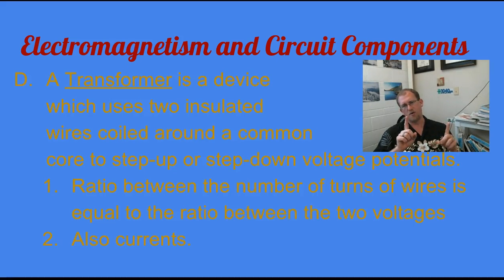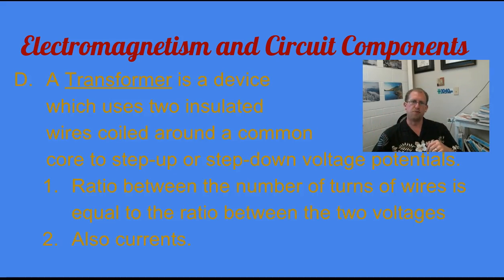And depending on how you wrap them, you can either create a higher voltage or a higher current, or a lower voltage and lower current. And that has to do with the ratio of the wraps on one side of the transformer to the other. So if you wrap one side of the transformer with 4 wraps and then the other side with 2 wraps, you would never do it with so few, but the ratio is 1 to 2, right?